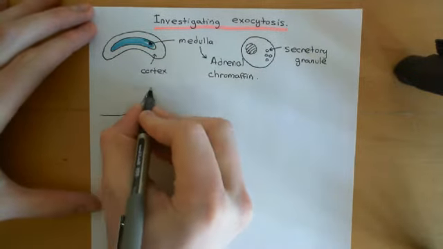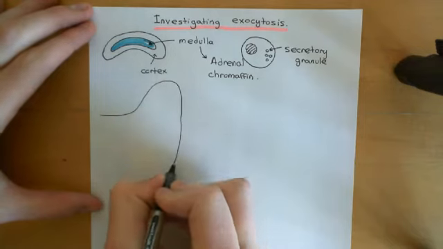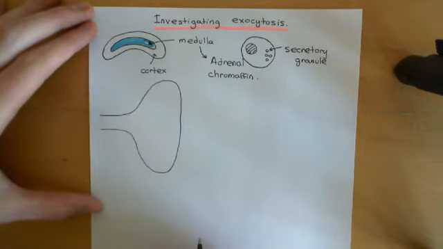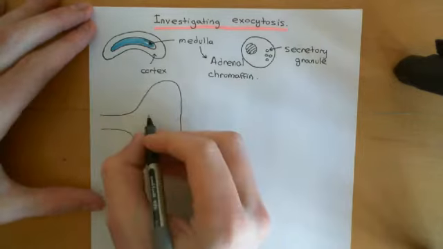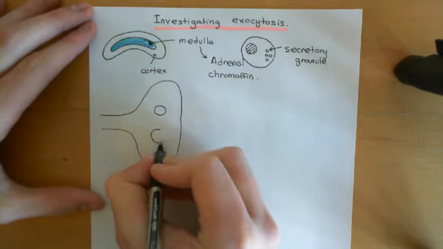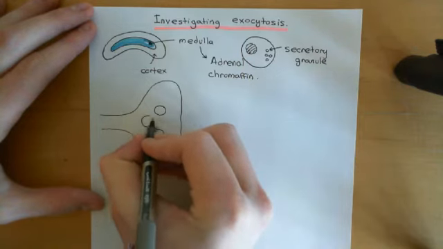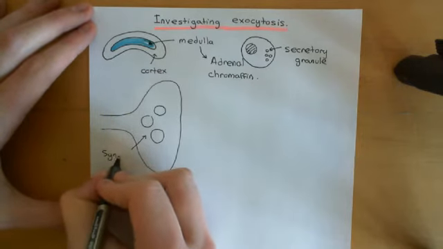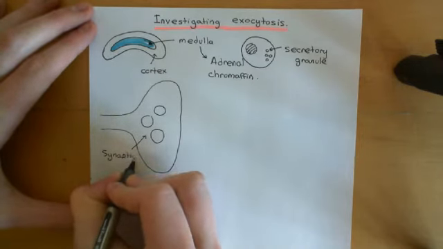So I'm going to draw an axon terminal of a neuron here. Okay, like so. So this is the axon ending with the axon terminal here. Now basically, in the axon terminal cytoplasm, you have vesicles which are going to be full of neurotransmitter. Okay, and these vesicles that are full of neurotransmitter, these are known as synaptic vesicles.